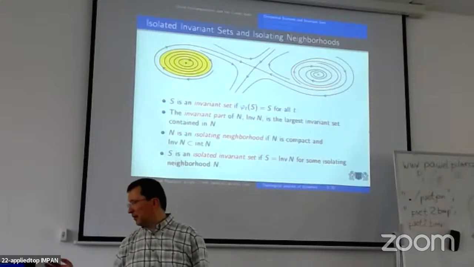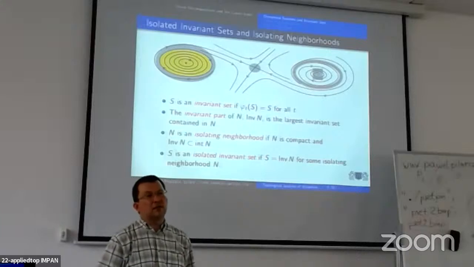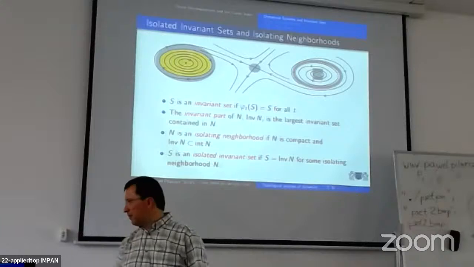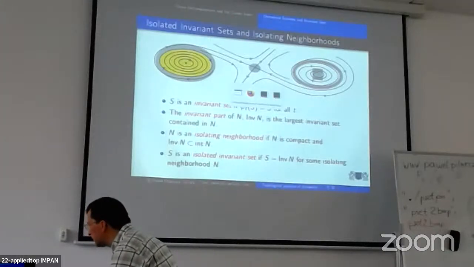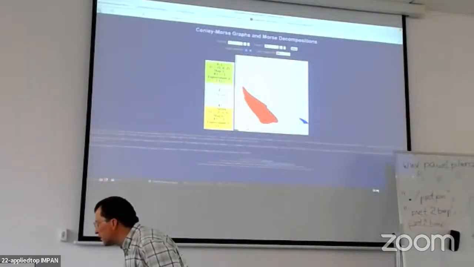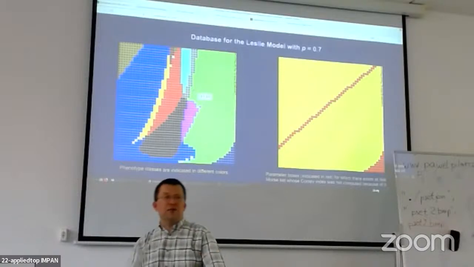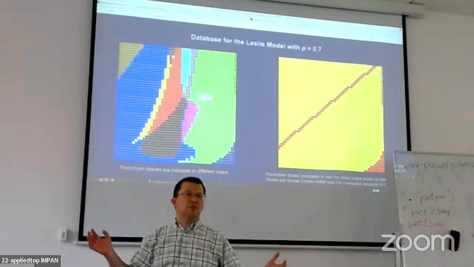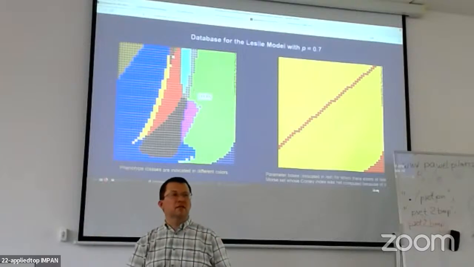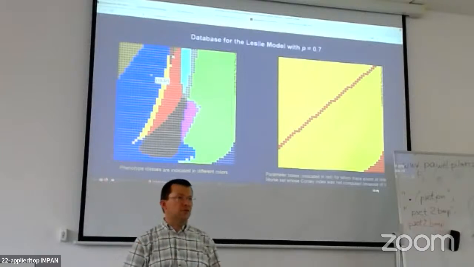So my approach to using this method is first to start computations at some low resolution. And if I get a diagram that is sort of trivial, like this, where the entire parameter space was just split into two classes, then I try and see what the dynamics is for these classes, and then increase the resolution.